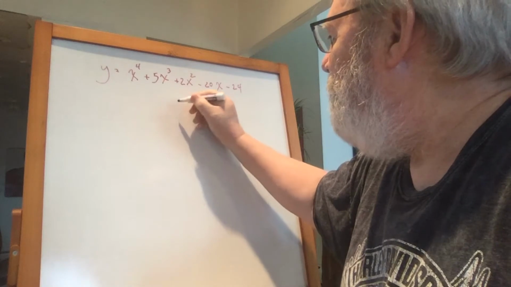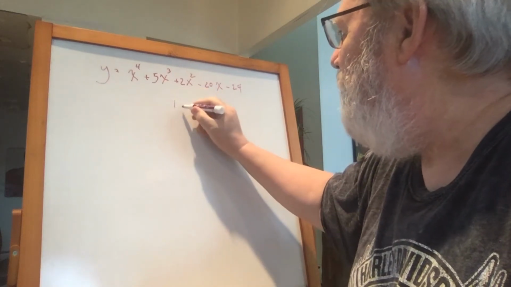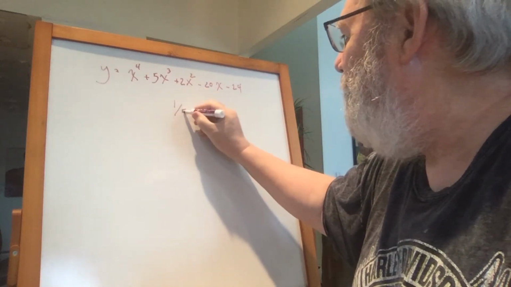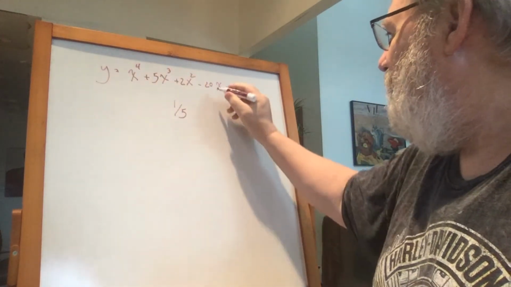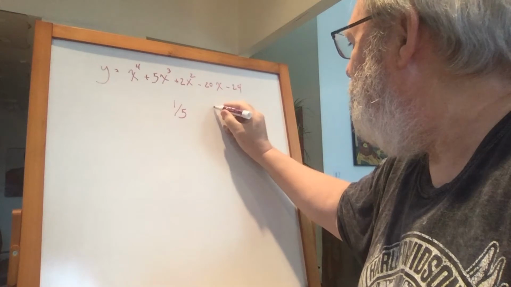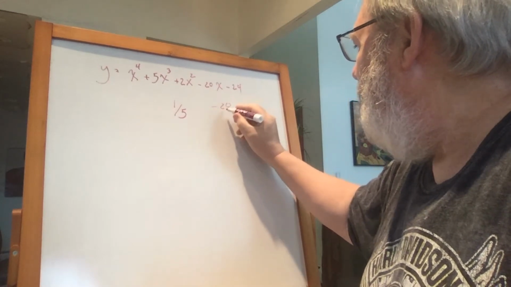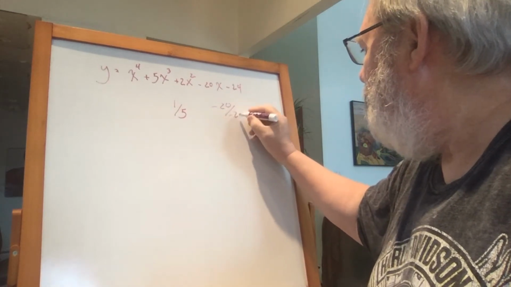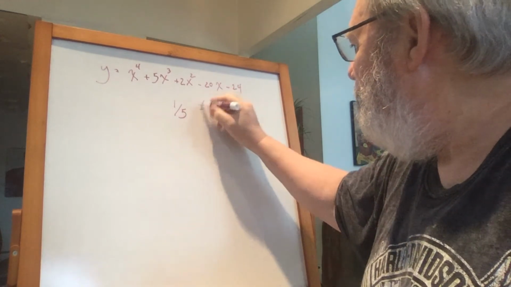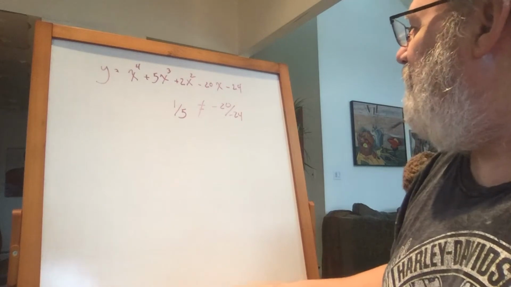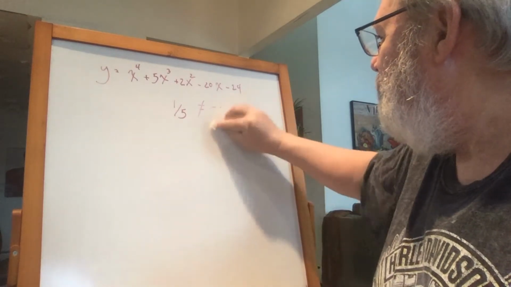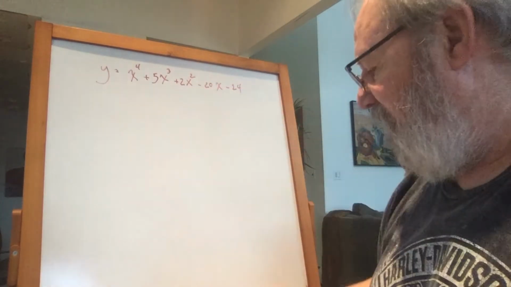And so in this case, you got 1 and 5, 1 divided by 5. And then over here, the last two, you have minus 20 divided by minus 24. Well, obviously, they're not equal. So we can't use that approach. So that's out of the question.